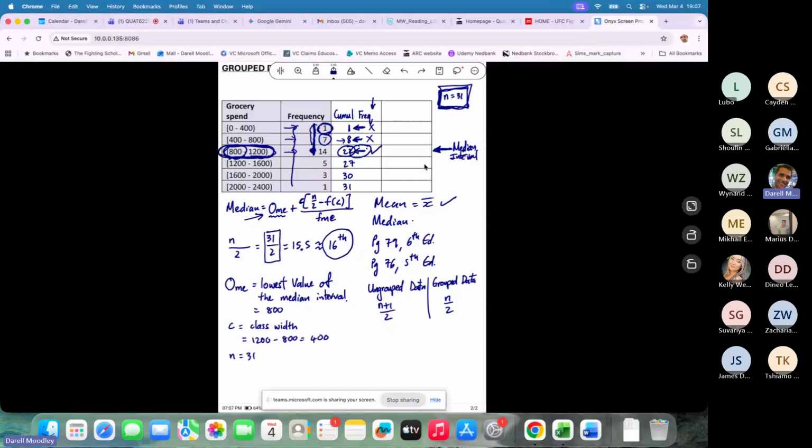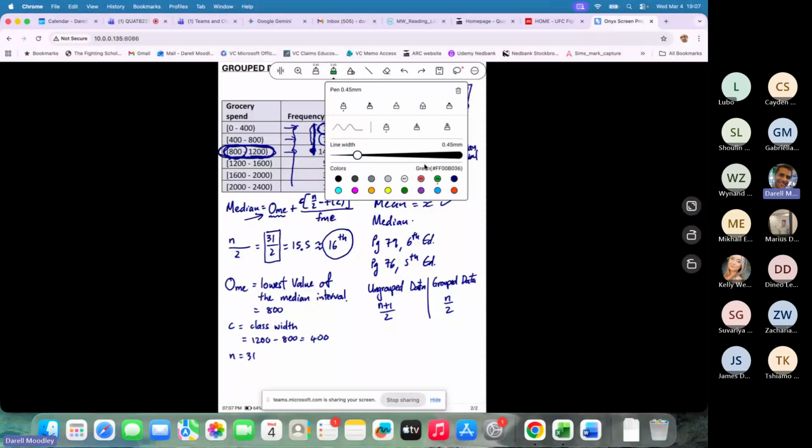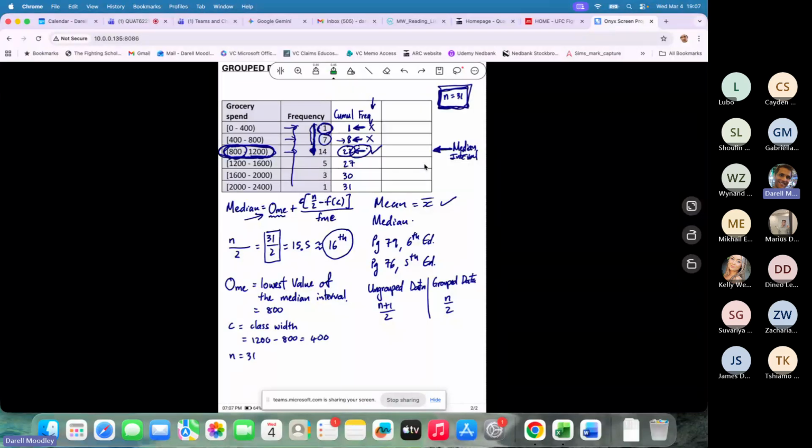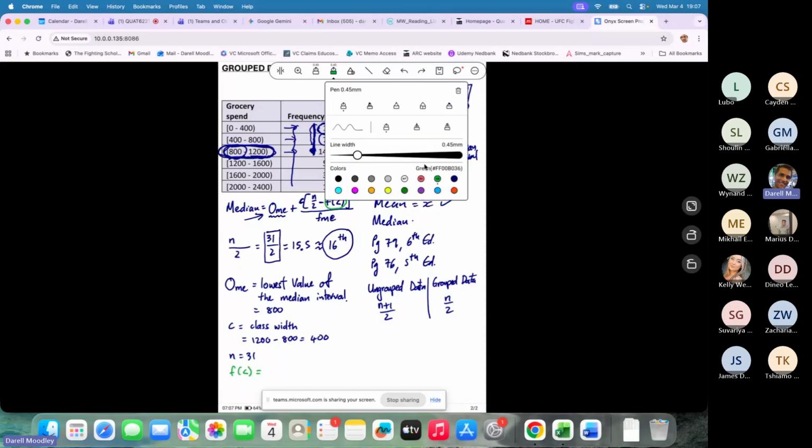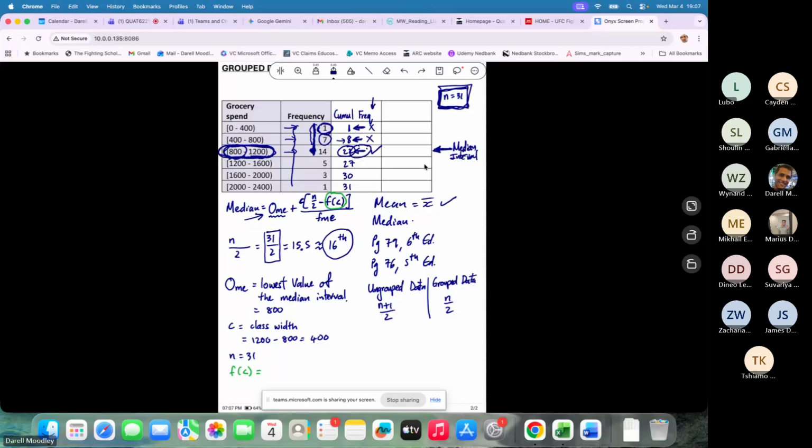Then we have the symbol here, which I'm going to circle in green, because although it has brackets, it's actually just one symbol. This whole thing here is just one symbol. This f of less than, all it means is what is the total frequency, or the sum of the frequencies, before this interval.